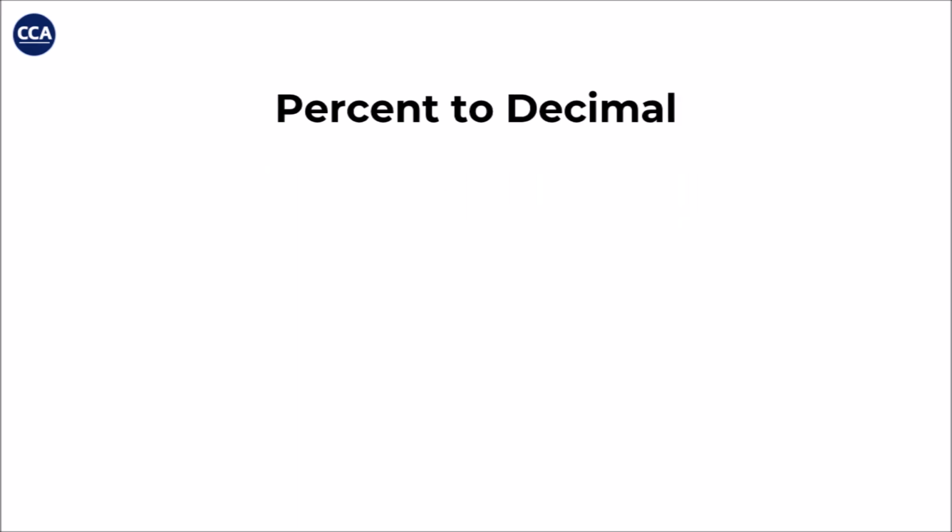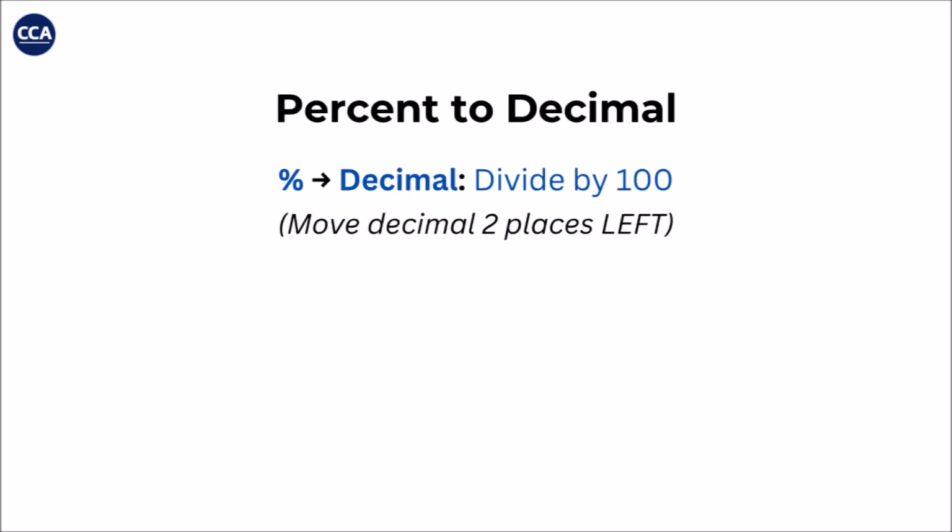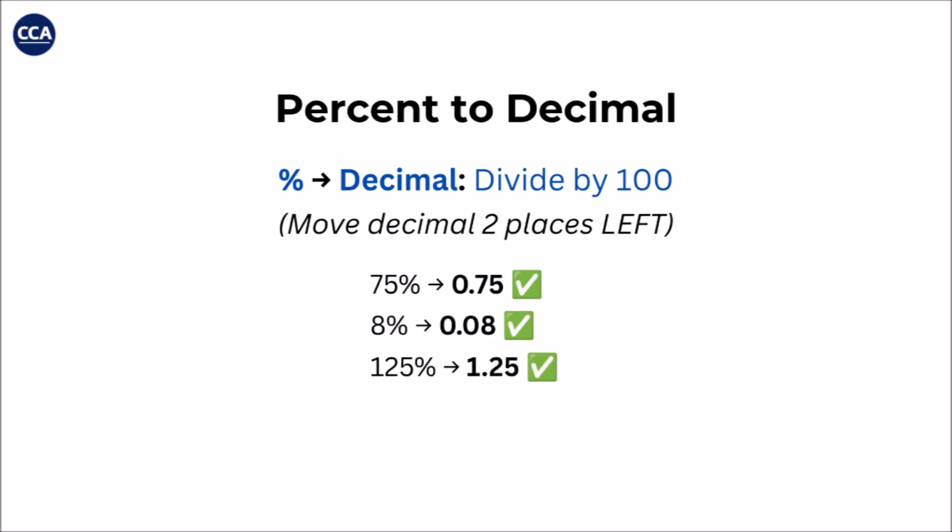Converting a percentage to a decimal is even simpler. Divide by 100, or equivalently, move the decimal point 2 places to the left. 75% becomes 0.75. 8% becomes 0.08. 125% becomes 1.25. 0.5% becomes 0.005.